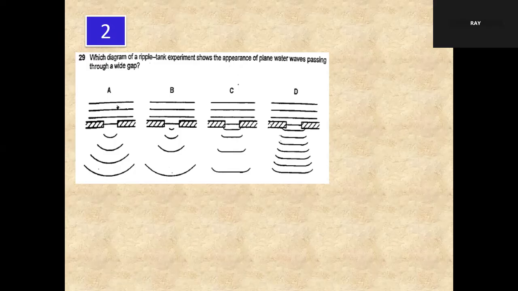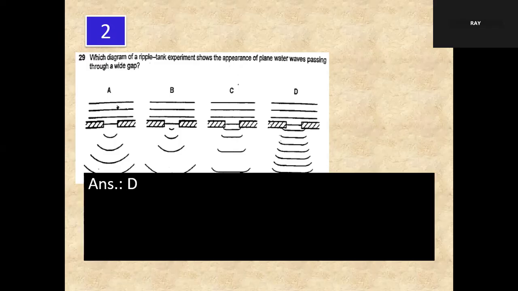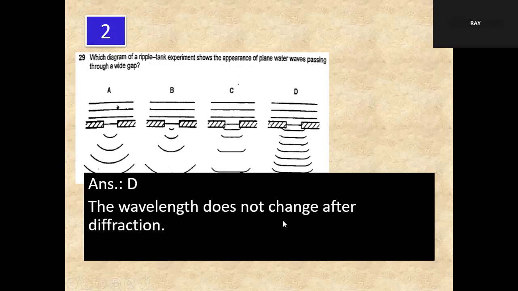D. Okay, D, correct. This one, the wavelength keeps on increasing. This one, the wavelength also changes as it passes through. So D is correct. Wavelength does not change after diffraction.